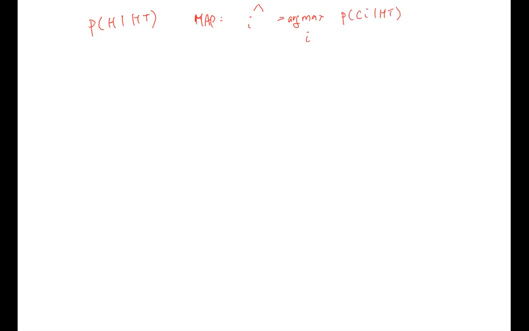And then the estimate of P(H | head and tail) will be simply estimated as P-hat given c-hat here.